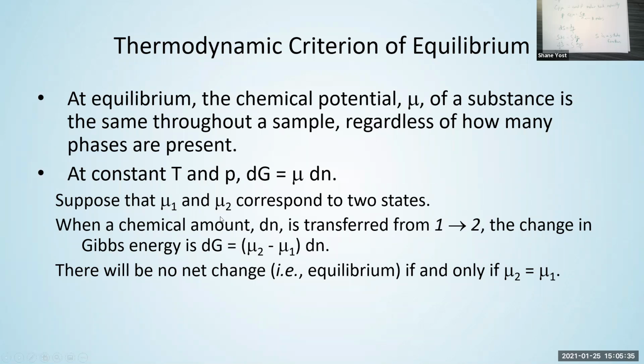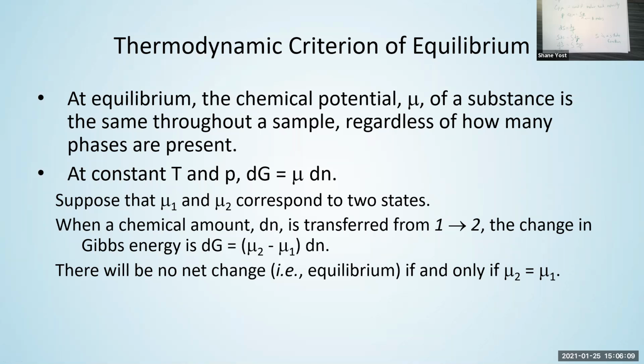That change in Gibbs free energy is going to be related to the chemical potential of the final substance minus the chemical potential of the initial substance times that change in number of moles, because I've lost mu1 times dn worth of stuff in my reactants because I reacted them and formed mu2 dn worth of stuff in my products. So this change in Gibbs free energy is related to the change in chemical potential times some change in number of moles.